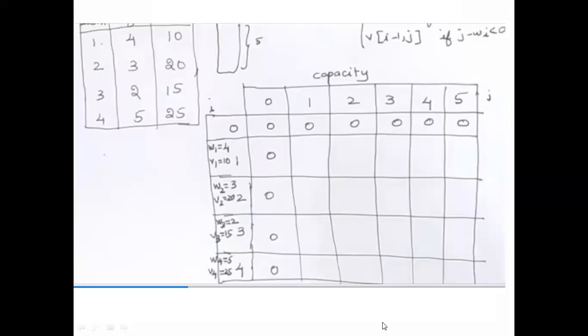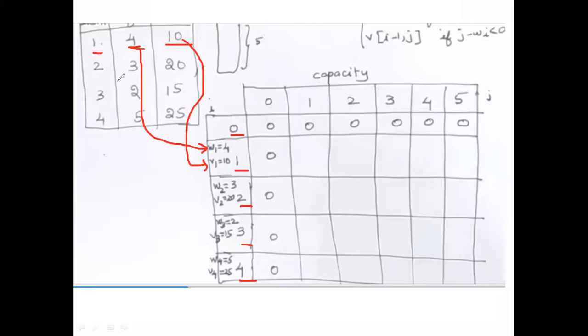Here we have item 1, item 2, 3, 4. The corresponding weights and values are: W1 equals 4 and V1 equals 10.